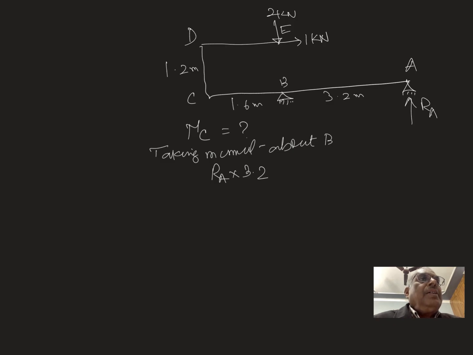And this 2 kilonewton load is exactly over B, so there will be no moment from it. There is the 1 kilonewton load, this is anti-clockwise, this is clockwise. So minus 1 into 1.2, and that will be 0. We can find out the reaction. Reaction is how much? 1.2 divided by 3.2, so this is 3 by 8.